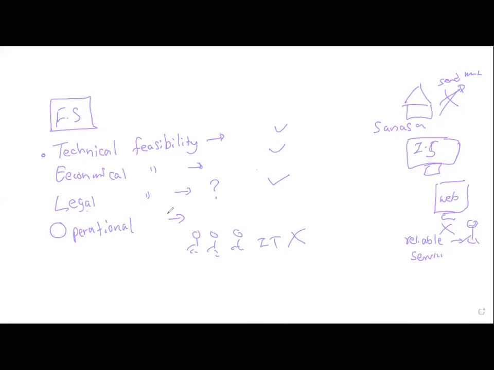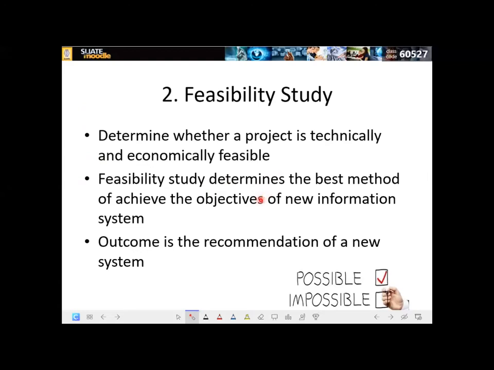Right. Now it's clear for you. There are 4 types of feasibilities: technical feasibility, economical, legal, and operational. So under this feasibility study, we consider those 4 types of feasibilities.